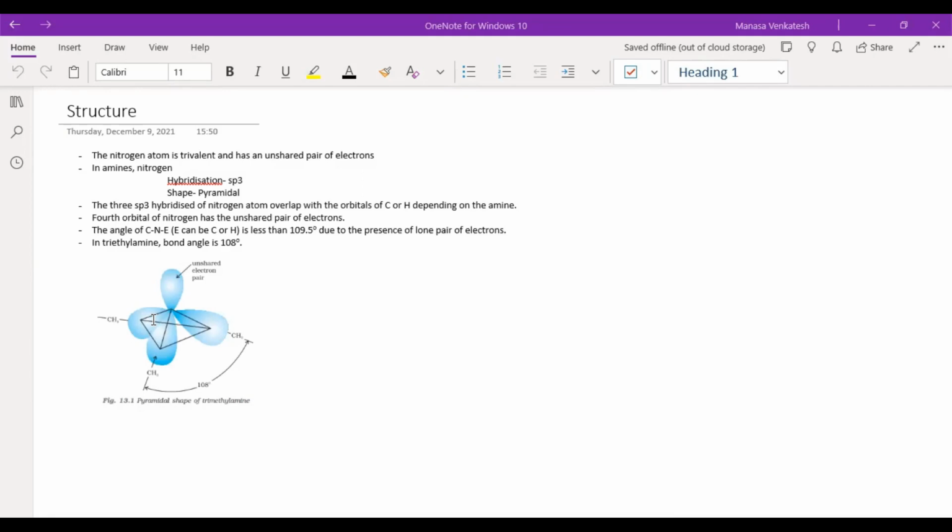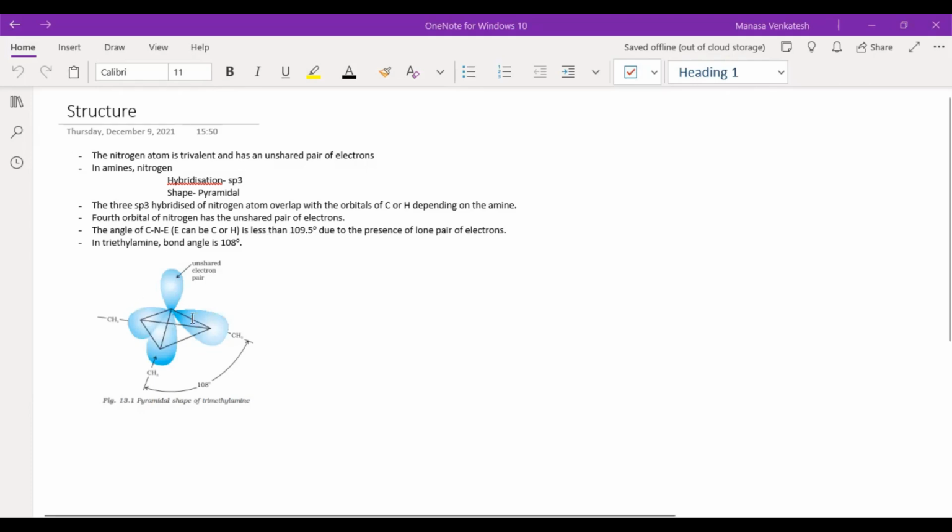If it's a carbon, it's going to be an alkyl group or an aryl. Whereas if it's a hydrogen, it's just going to be that particular atom. The fourth orbital, on the other hand, will have a pair of electrons. There are two electrons on it.